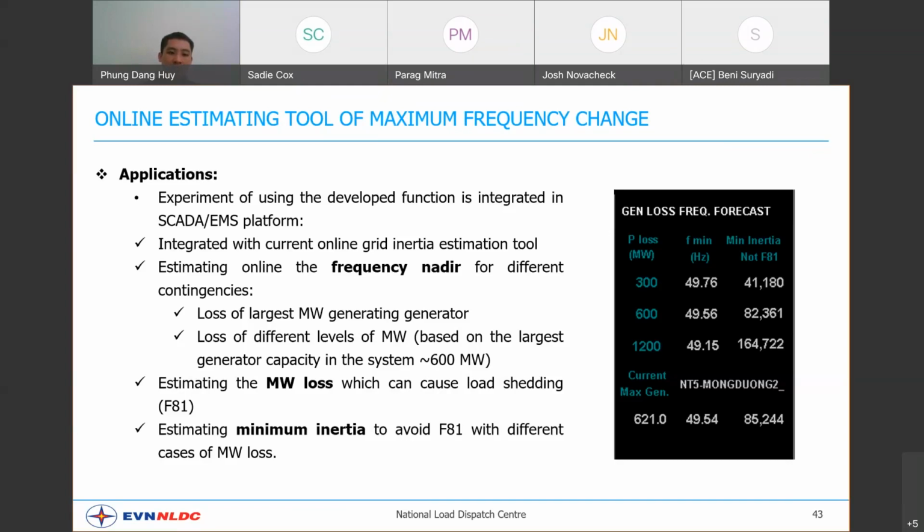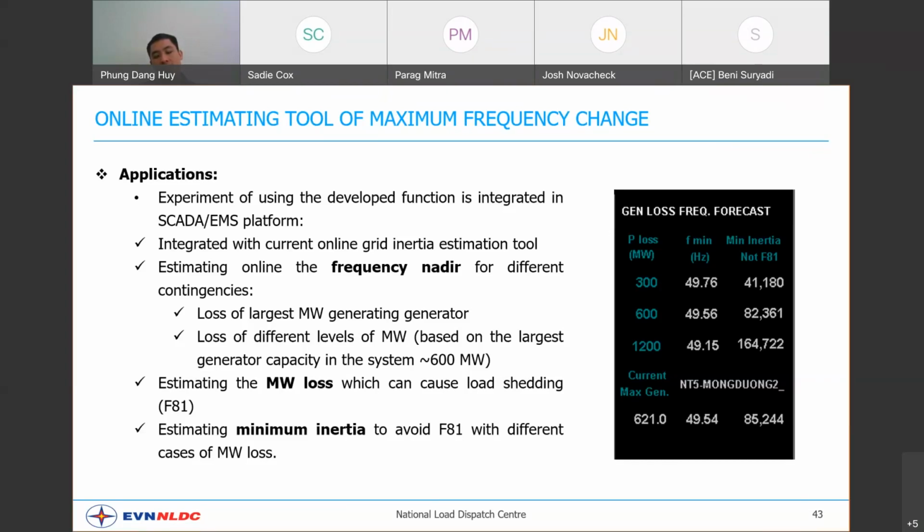And you can also do some other forecasts, to determine other values like megawatt loss, which can cause the load shedding, and the minimum inertia to avoid load shedding with different cases of megawatt loss.